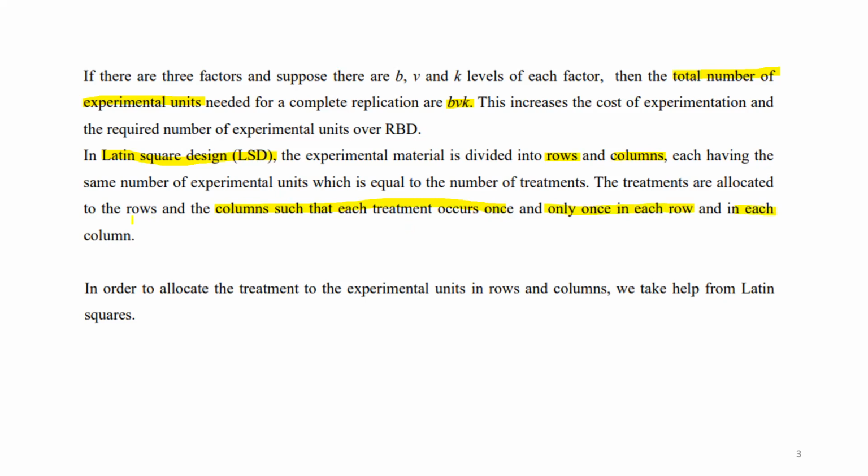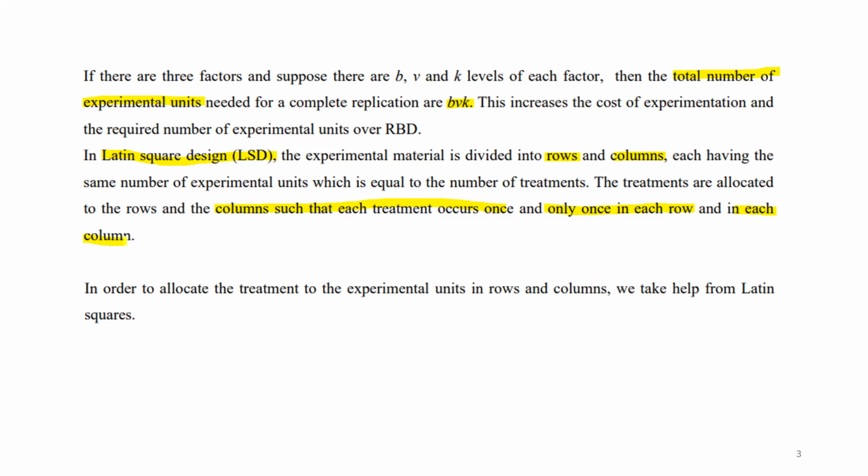So one observation comes under one column with respect to one row. In one row, there shouldn't be the same observation twice, and likewise in one column, there shouldn't be repeated treatments. You will realize what it says later when we show a figure for this case. In order to allocate the treatments to the experimental units in rows and columns, we take help from the Latin square.